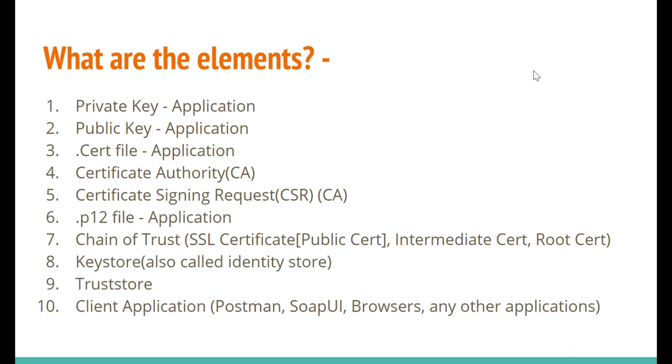This we will go through theoretically. Also we will see key stores, also called identity store. Basically key stores are of two types. One is the identity store, another is the trust store. And also we will use client applications, which are basically used for sending requests to our service, that is the HTTP service where we are about to configure HTTPS, right?